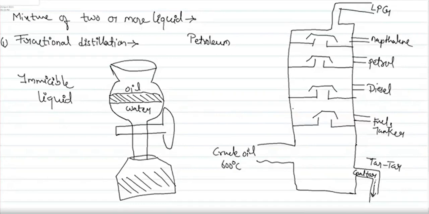So immiscible liquids can be easily separated by using a separating funnel. These were some of the methods by which we can separate mixtures.